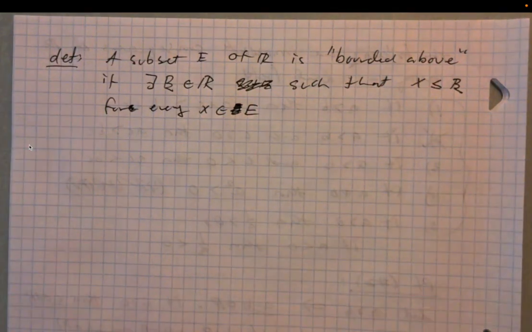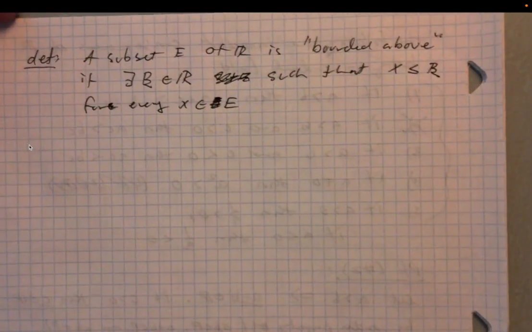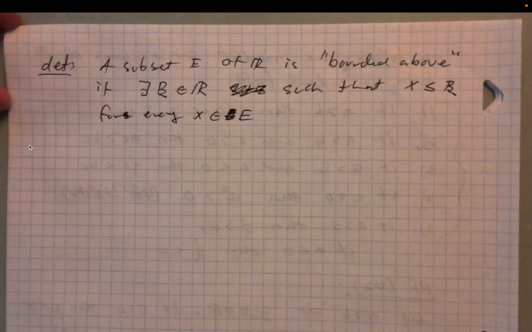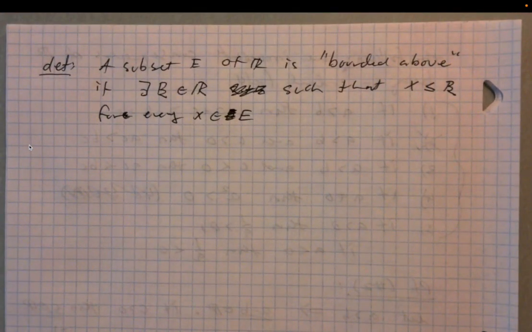Okay. So a subset E of R is bounded above if there exists some real number beta such that for every x in E, x is less than or equal to this beta, right?